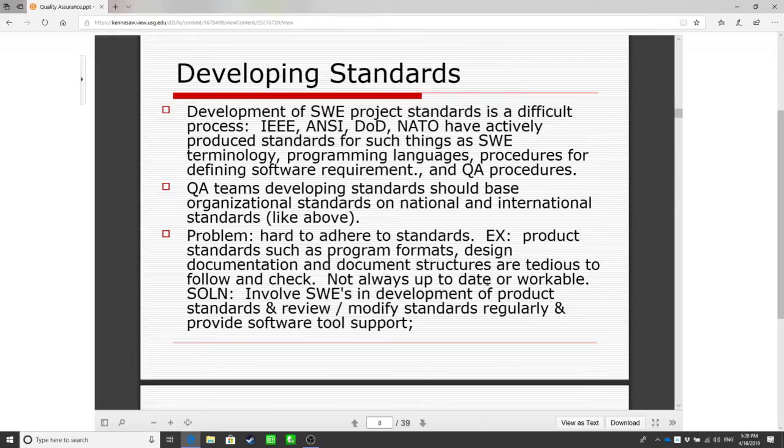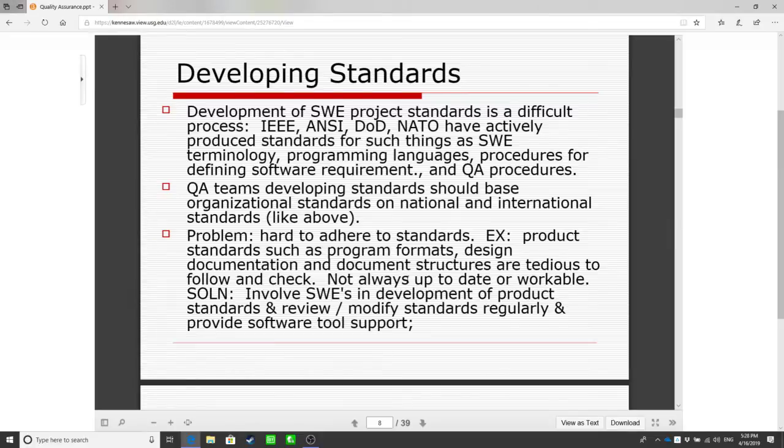Sometimes teams develop their own standards to make sure their development activity follows the standards. But the team standards, usually you should follow the principles from these big organizations. Usually that's how it works.